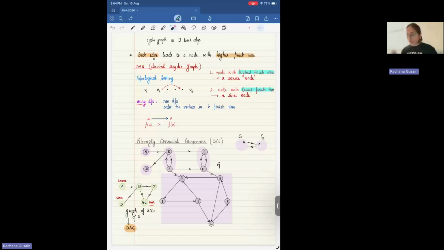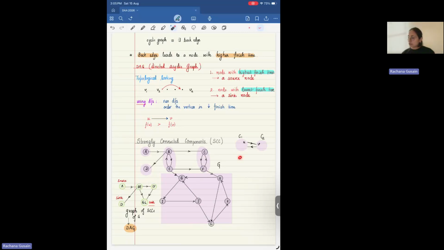Strongly connected, of course in the context of directed graphs only, means that if you take any pair of vertices u and v in the graph, there must be a path from u to v as well as a path from v to u.